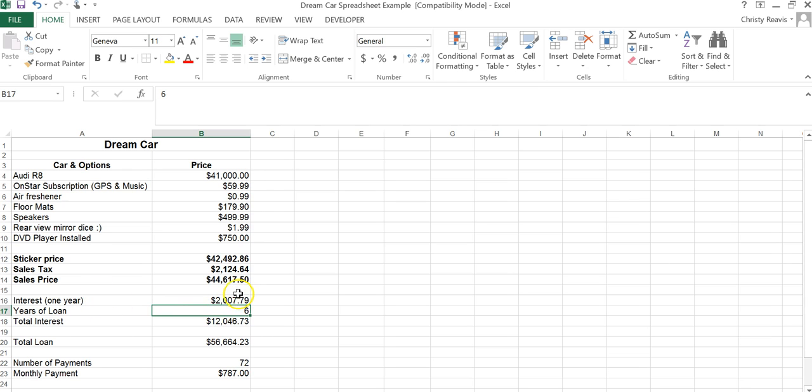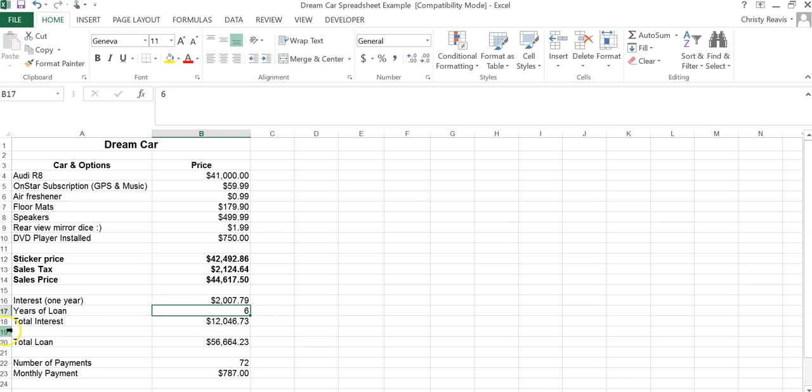And after you found that 4.5% of your sales price, that's going to give you your interest for 1 year. So then if it's 6 years that you pay the loan, then all we need to do is multiply those 2 together, and that would be the total interest, how much it costs us to buy that car from the bank. So if we go to the bank and say, okay bank, I see I got to pay you this much money.